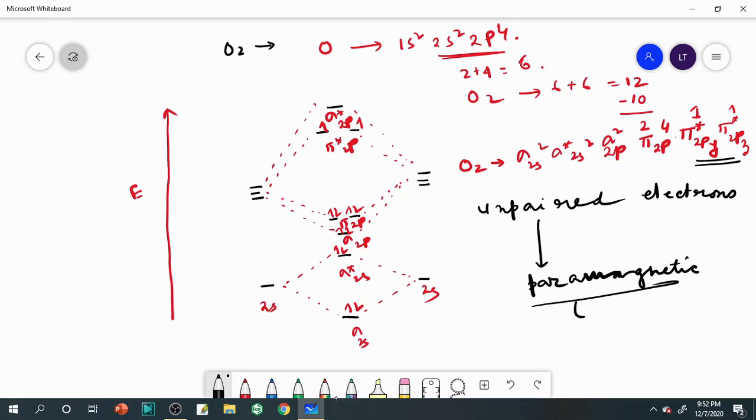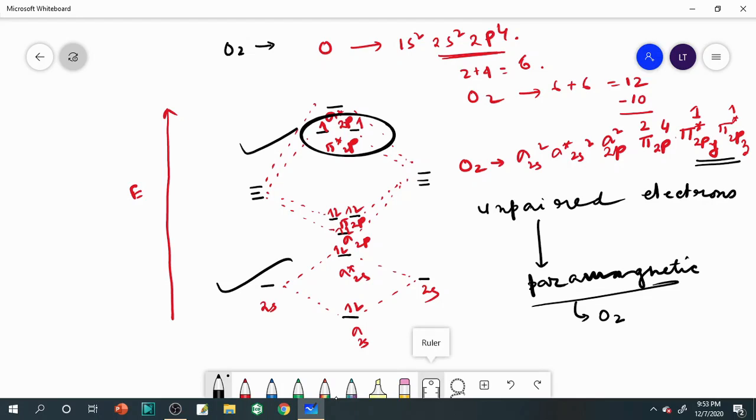So oxygen is a paramagnetic species. This is very, very important, and questions frequently come like this: explain the paramagnetic behavior of oxygen in the light of molecular orbital theory. You have to draw the relative energy level diagram of the molecular orbitals in this way, and then you have to prove that there occur two unpaired electrons in oxygen.